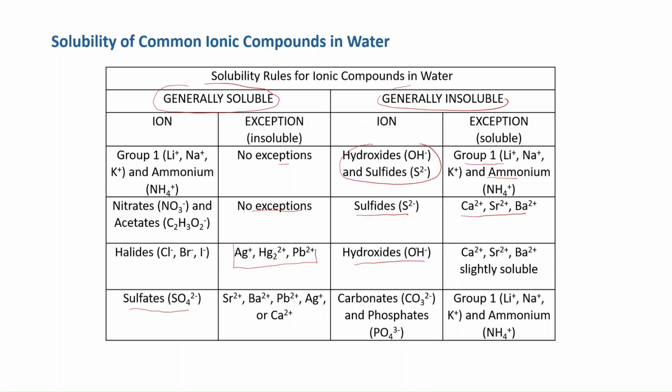Hydroxides, we just mentioned them in there. Again, they're usually insoluble. Calcium, strontium, and barium are slightly soluble. They don't dissolve a whole lot, but they do dissolve a little bit. Carbonates and phosphates, again, they tend to be insoluble, but we said group 1 and ammonium are always soluble.